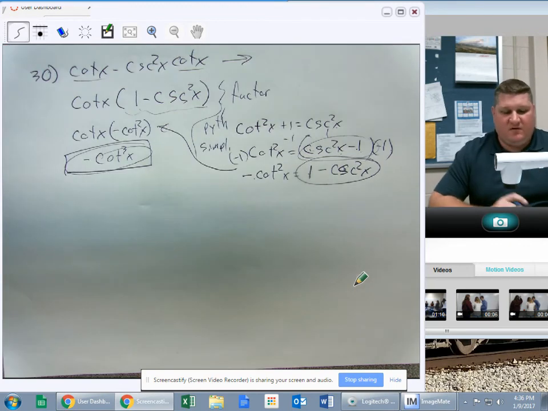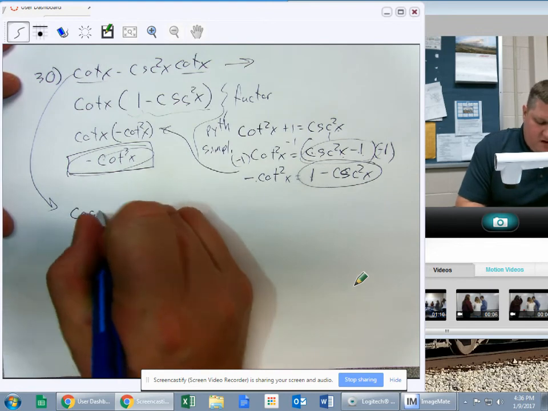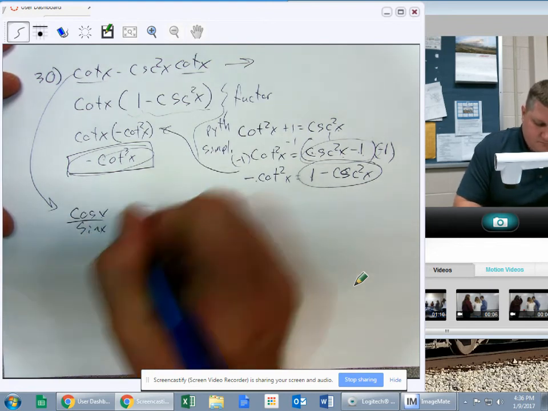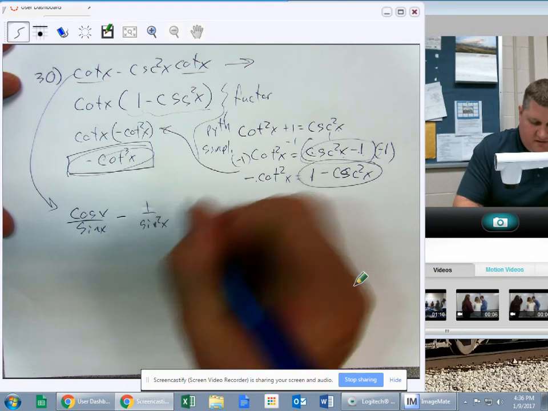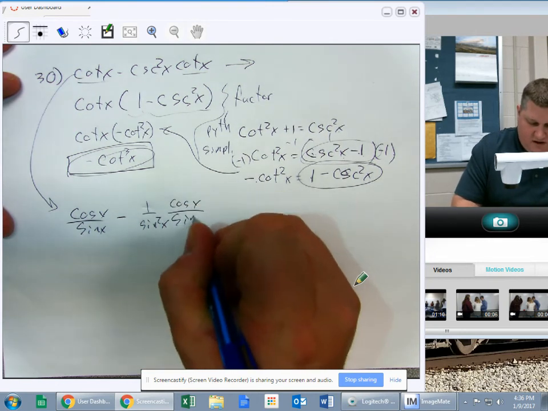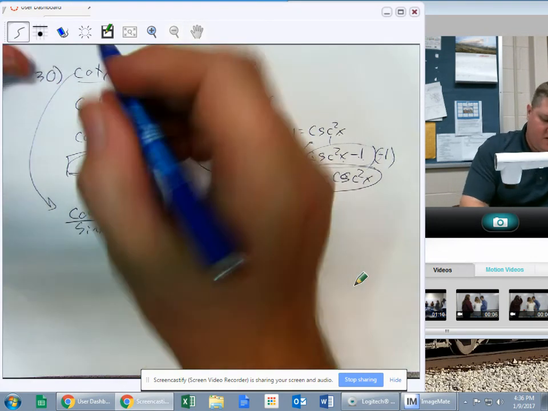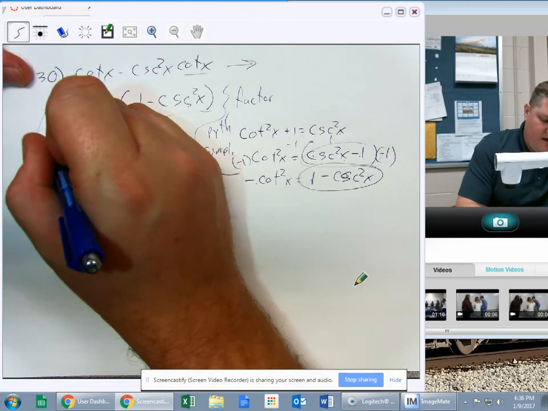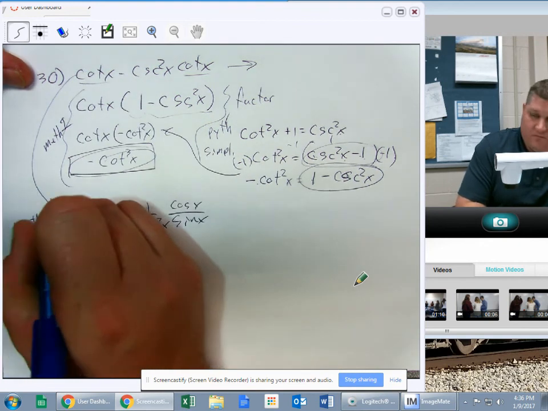Now I said there are probably two methods. Let's do a second method. Let's change it to cosine x over sine x minus 1 over sine squared x, cosine x over sine x. And okay, that's not really any better. So this was method 1. This is going to be method 2.